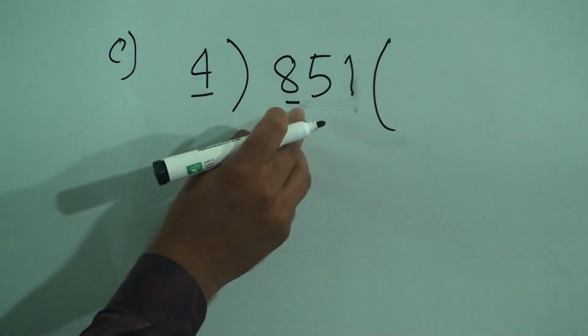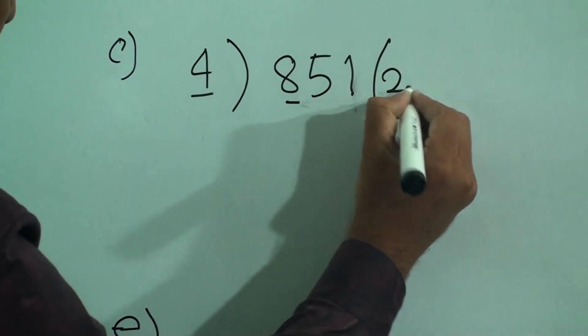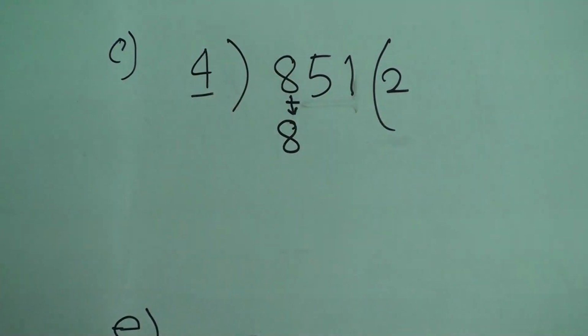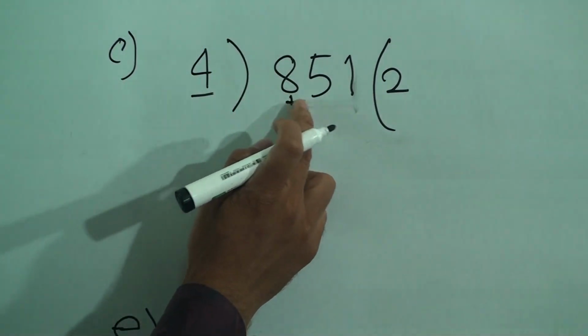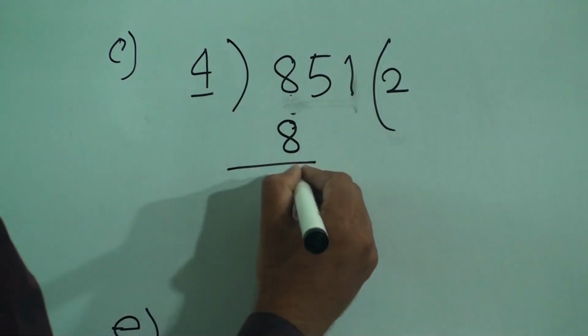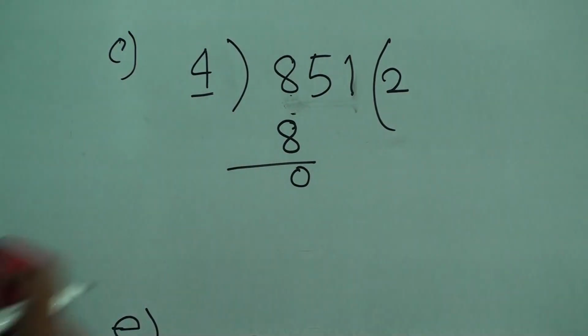Now memorize the times table of 4. How many times does 4 go into 8? We know that 4 twos are 8. Similarly you have to write this 8 under 8. Then subtract 8 from 8. What will it be? There is no carry, that means we have to write 0 here.